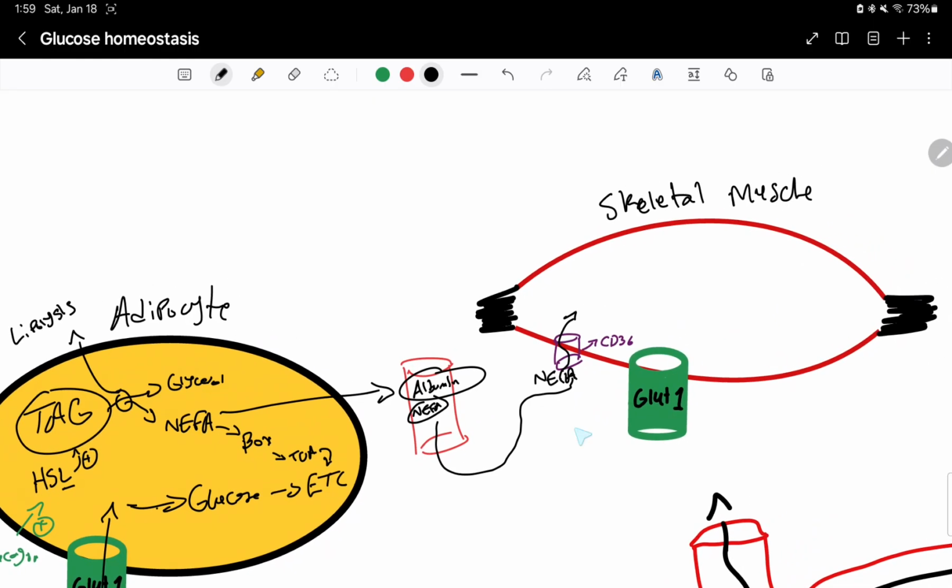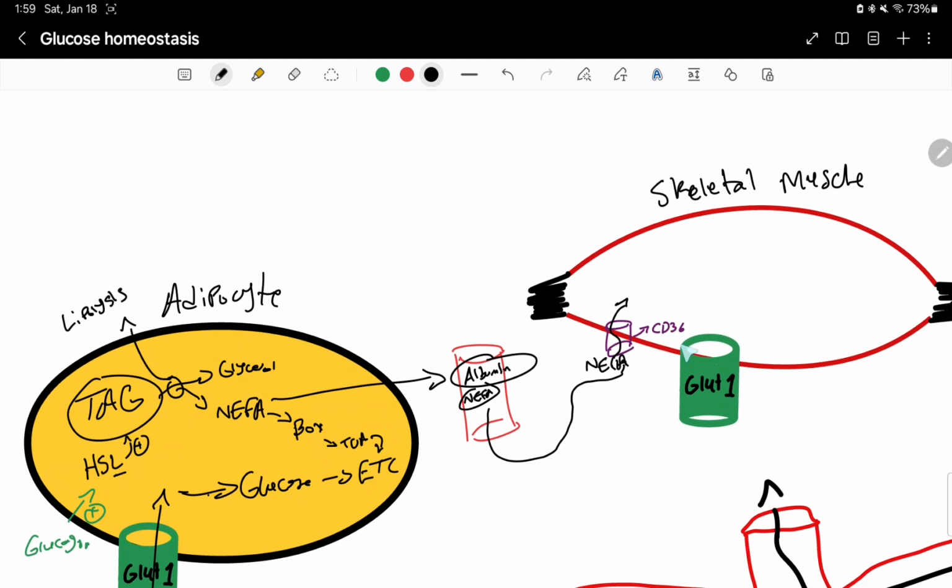Well, it has to move through some sort of transporter. That transporter is called CD36, okay? So the CD36 transports fatty acids into the skeletal muscle.